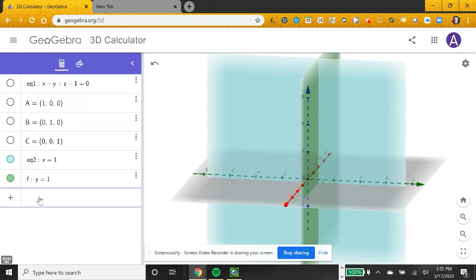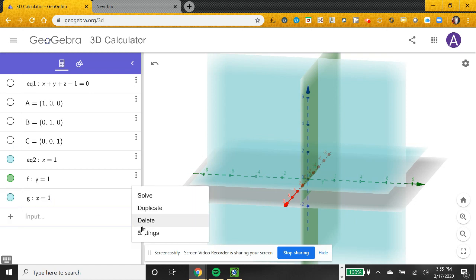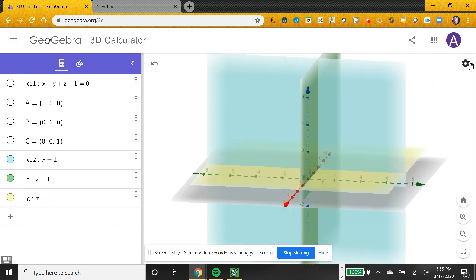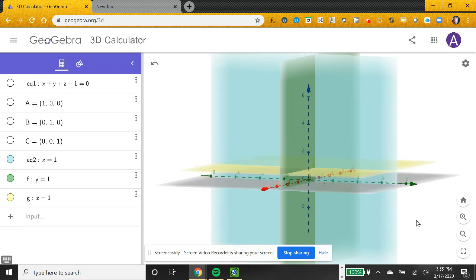Yep. And then what if we let z equal 1? And we'll change that color because we can. I'm going to make it yellow. All right. This one's going to be perpendicular to the z, but parallel to the x and the y.